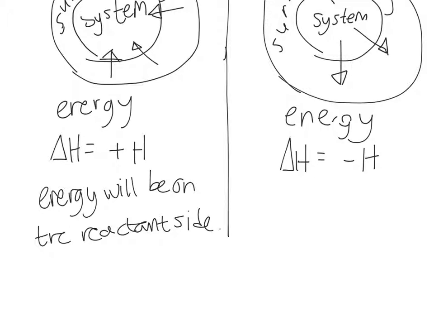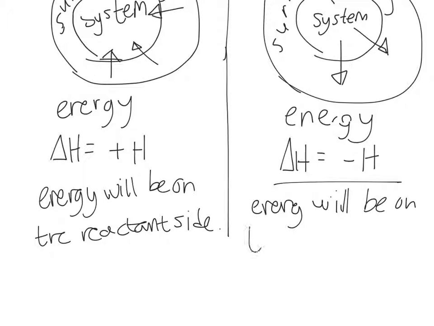Remember, we have a negative enthalpy, and the products will have less energy than the reactants, and that also means that our energy will be on the product side for exothermic reactions.